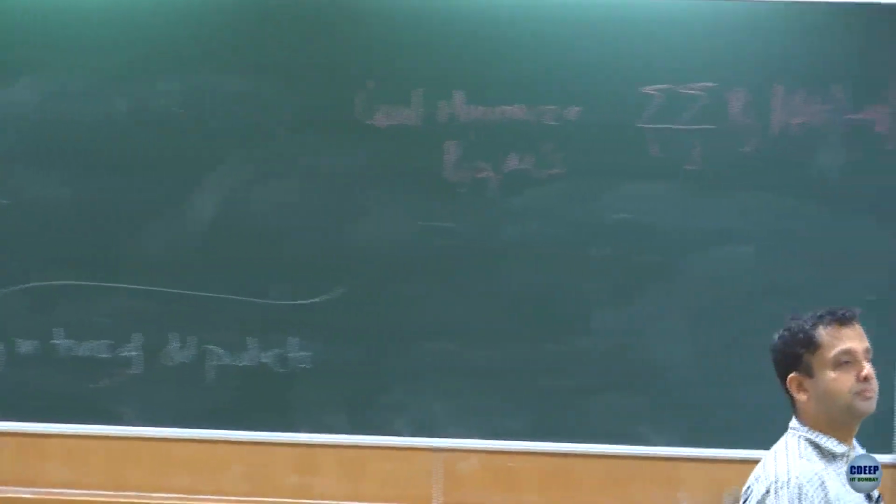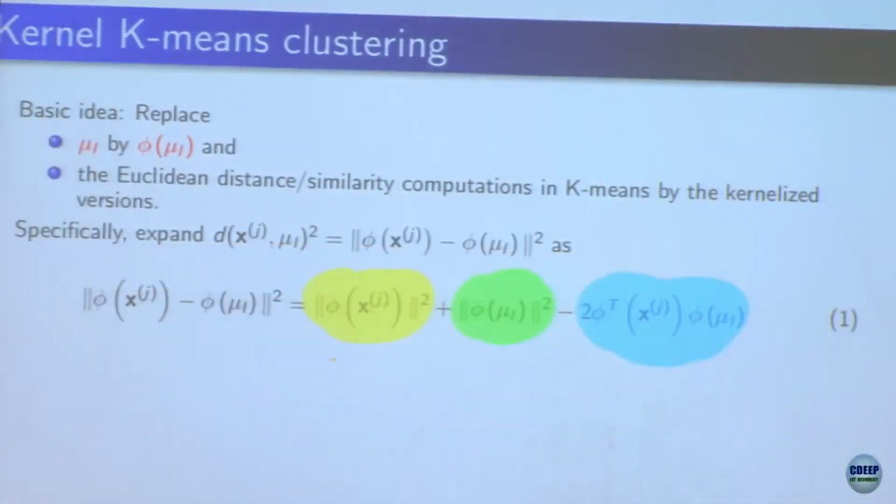Yes, everyone. So all of you observe this. You have phi xj squared, phi mu l squared and 2 times phi xj transpose phi mu l. Everyone observes these 3 components.